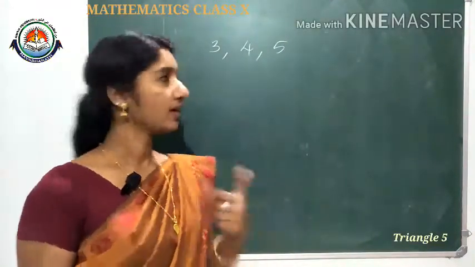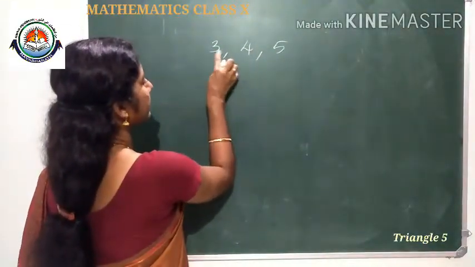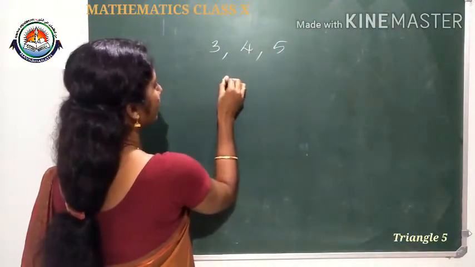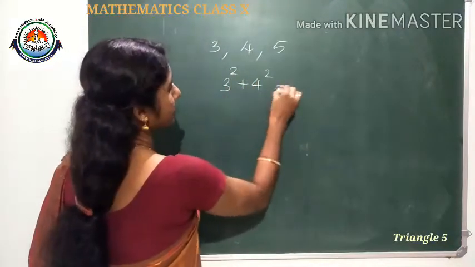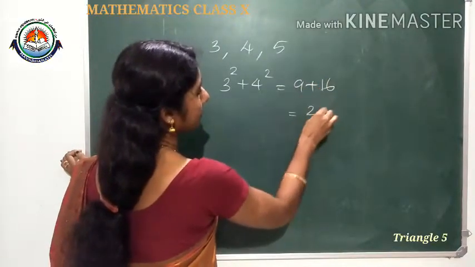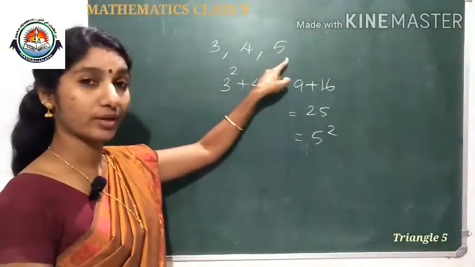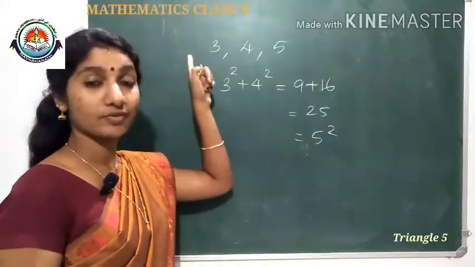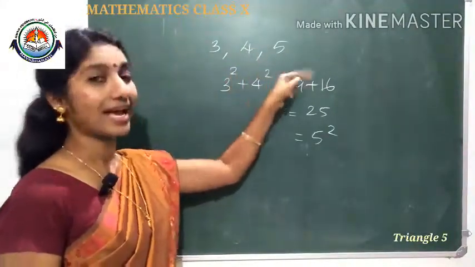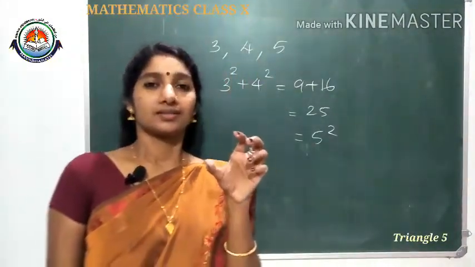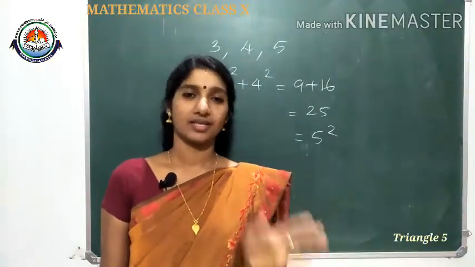The biggest side will be the hypotenuse. 3 square plus 4 square is 9 plus 16, that is 25, that is equal to 5 square. So the biggest side's square is equal to the sum of squares of the other two sides. That means these three sides are the sides of a right triangle. That is the converse of Pythagoras theorem.